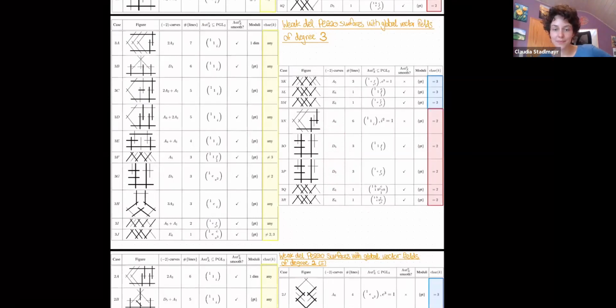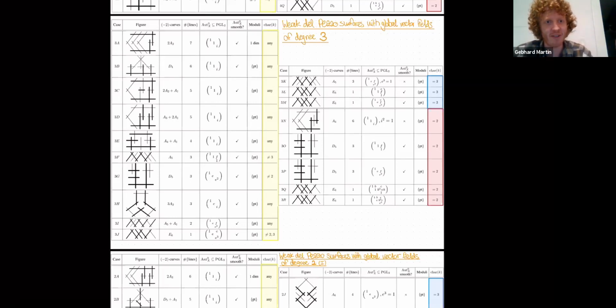I think you cannot actually calculate the group schemes for the Du Val del Pezzo surfaces from the list. They might be different, right? I think that's the problem.